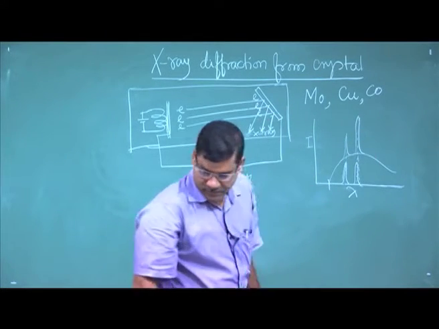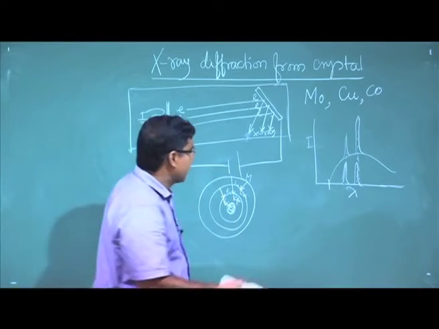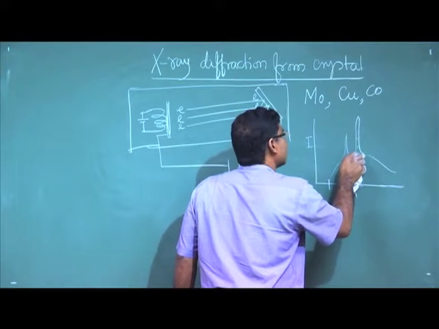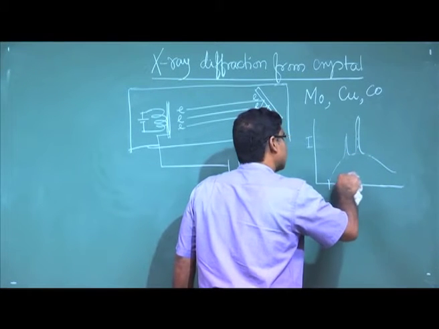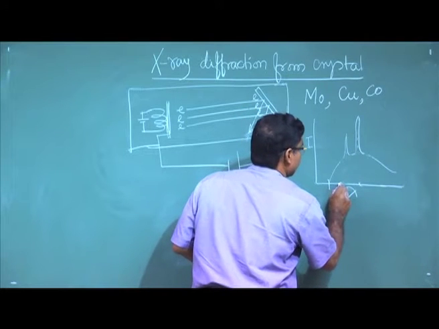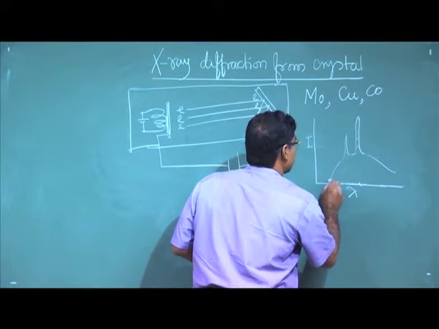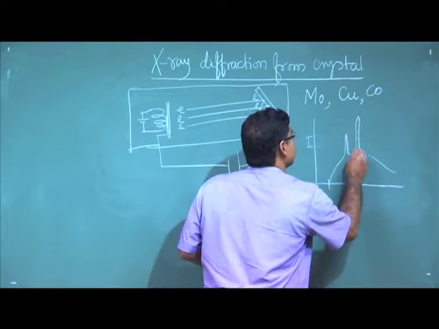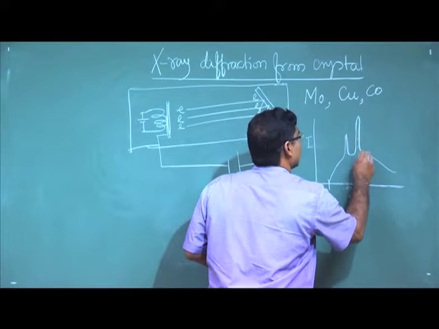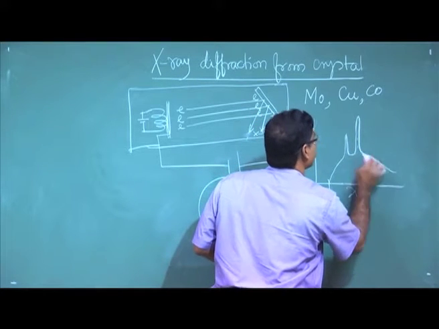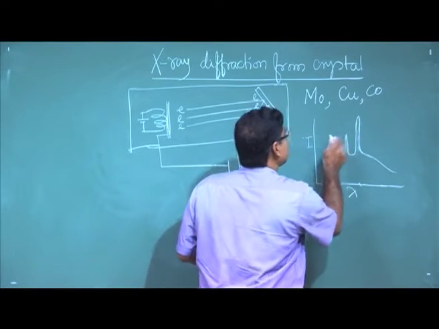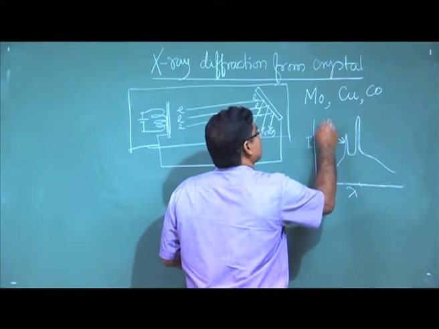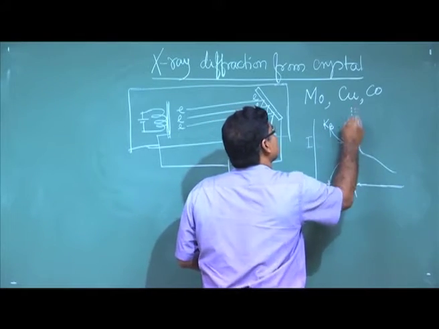Okay. So whatever the overall X-ray spectrum you will see, you will see this type of variation of the X-ray intensity as a function of wavelength. These are the characteristic X-rays: K beta, and this is K alpha.